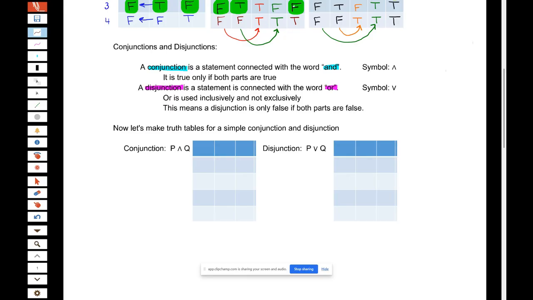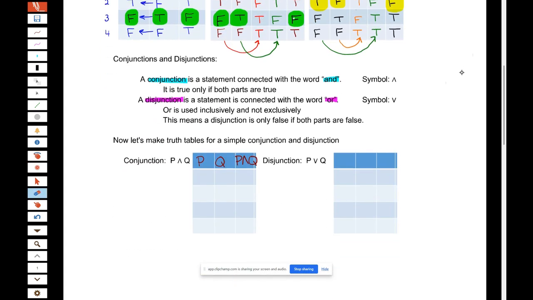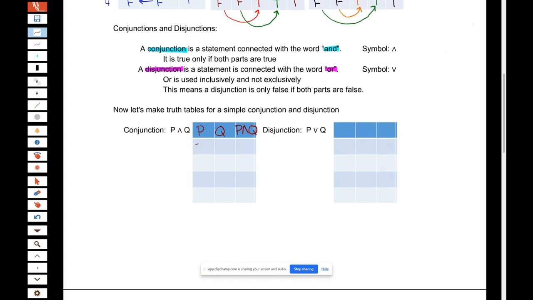So when we're doing a truth table more generally for P and Q, okay, it is only true if both parts are true. Now I'm going to start my truth table the exact same way I did at the top of the page, with the true, true, false, false, and the true, false, true, false, to get all the possible combinations of P and Q happening or not happening.